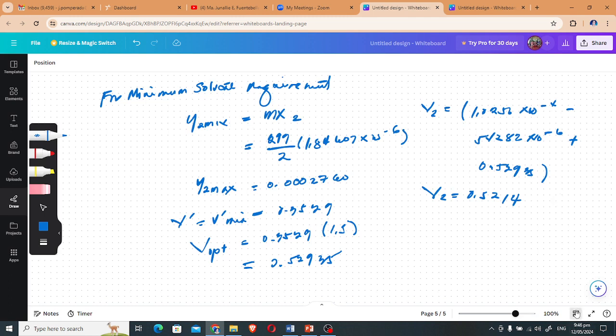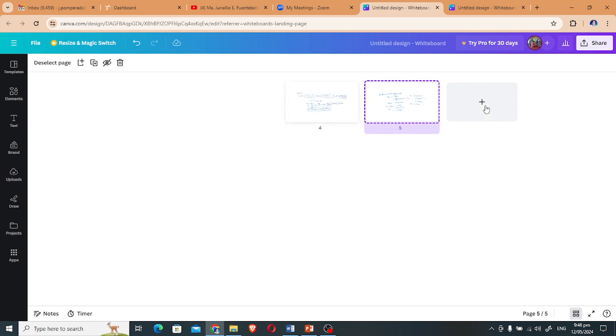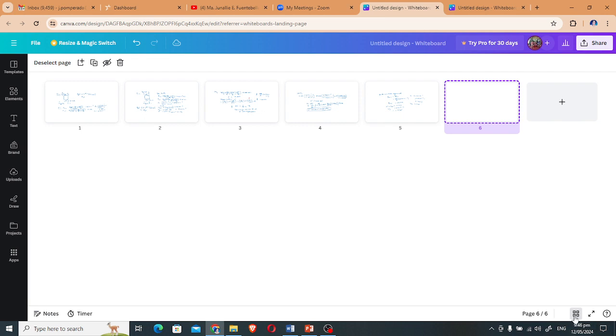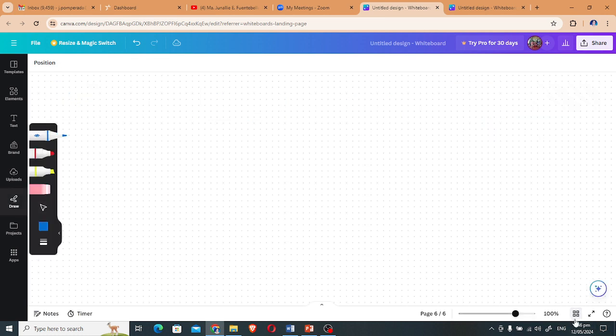Okay, we'll add another slide. As for the gas absorption factor A1, that would be L1 over M V1. And your L1 a while ago is 55.556 plus 1.0256 times 10 raised to negative 4.